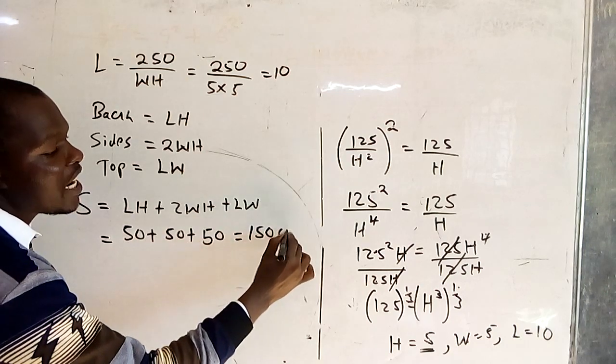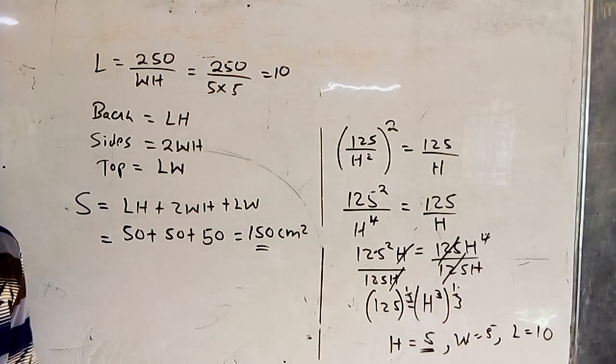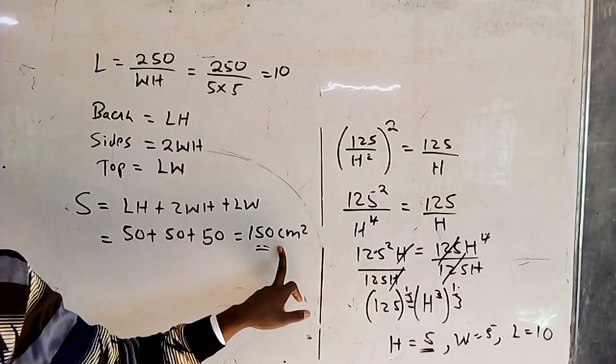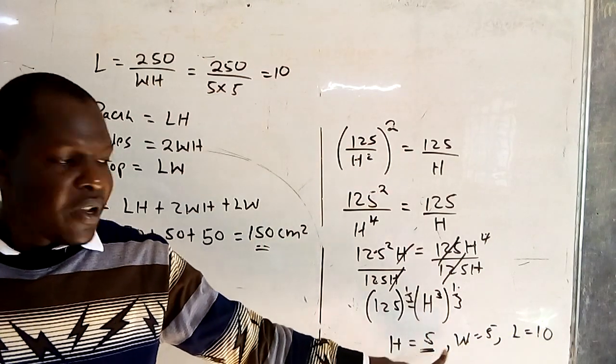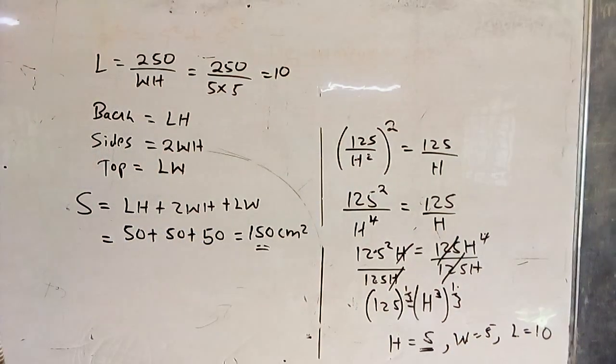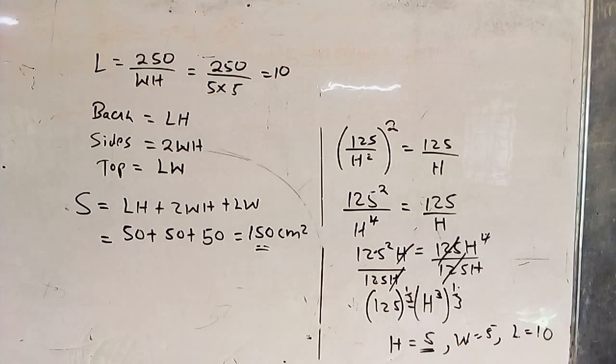Then you get it is 150 centimeters squared. And you have solved that given problem. Meaning, this is the minimum surface area. For the surface area to be minimum, the height has to be 5, the width has to be 5, and the length has to be 10. Are we together? Good.